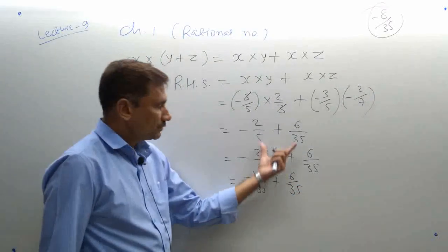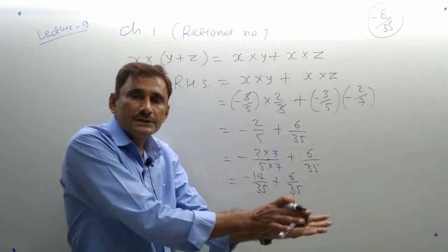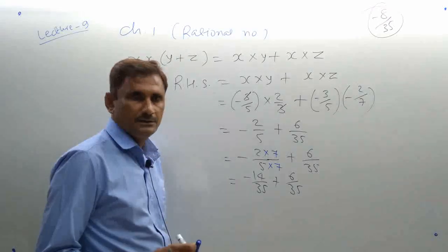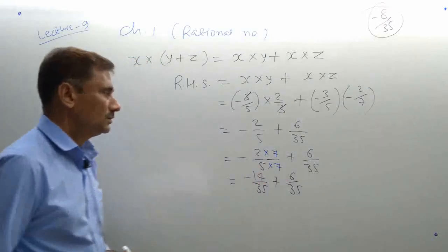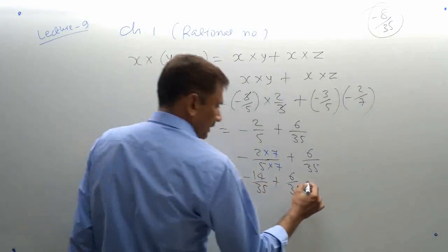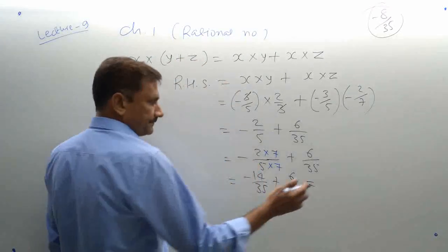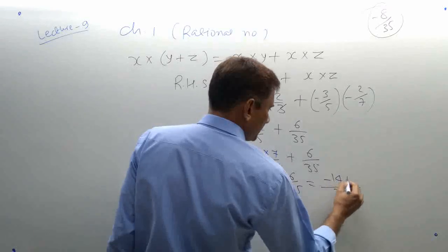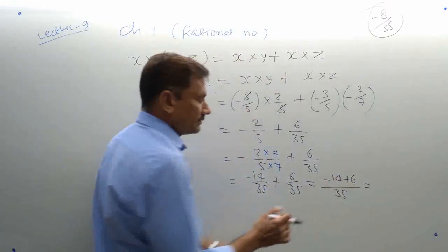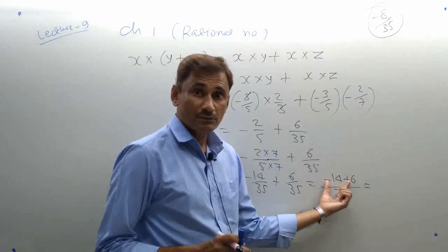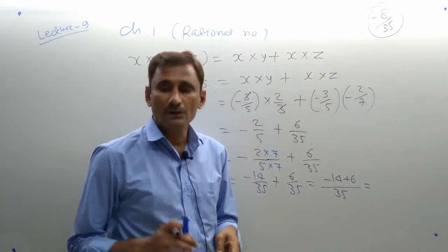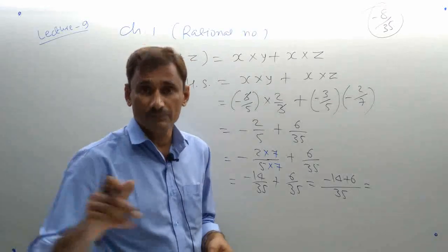Understood? How to take the LCM we already discussed and we already practiced also in the previous lecture. Okay. Now you just write it that way. So 35 is the LCM. So it is minus 14 plus 6. Whenever opposite signs are there, it is not multiplication. Opposite sign is there, so take the subtraction and apply the bigger number's sign.